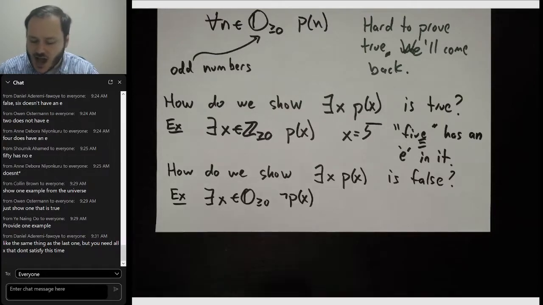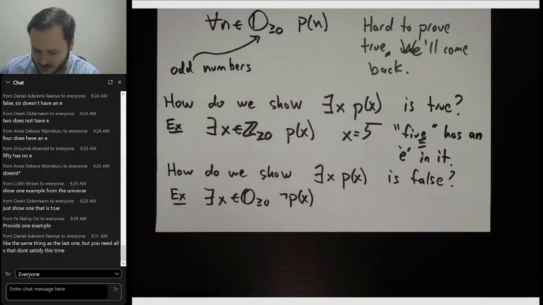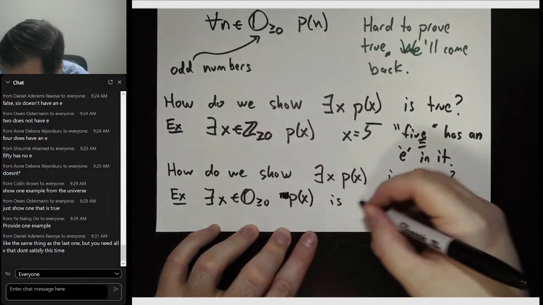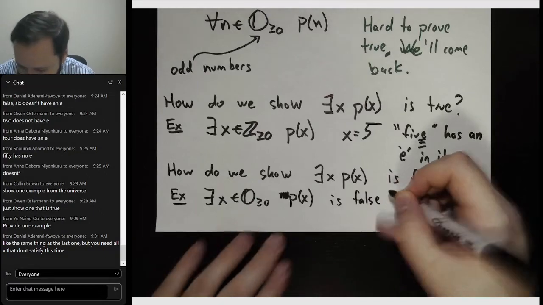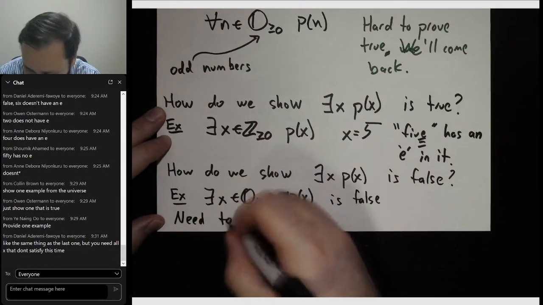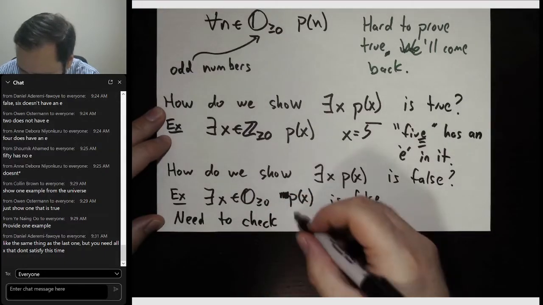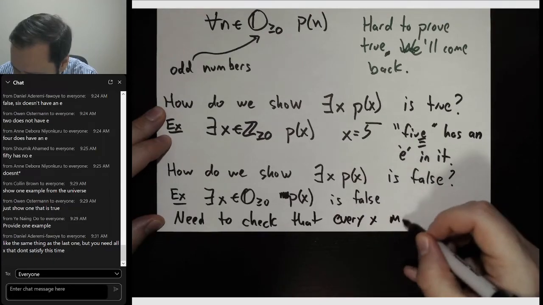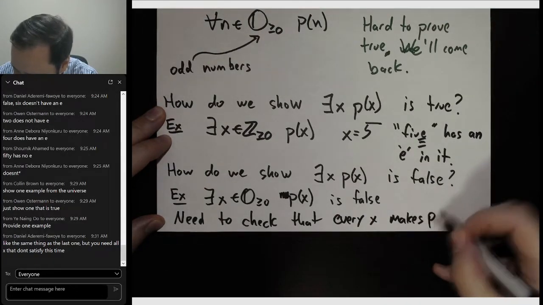You need to show that none of the x satisfy it. Or here, I'll keep this consistent, is false. Need to check that every x makes P of x false.